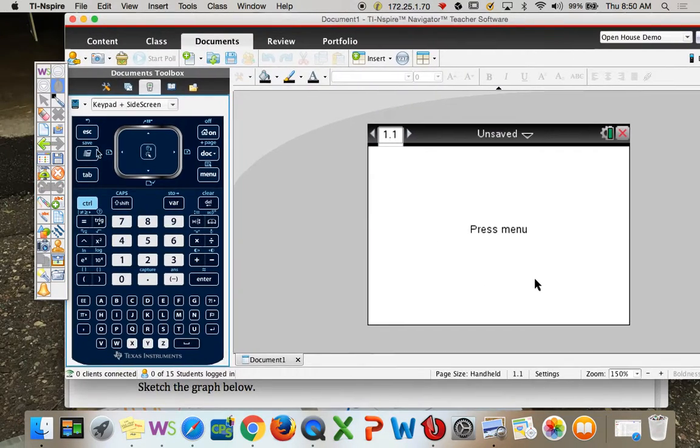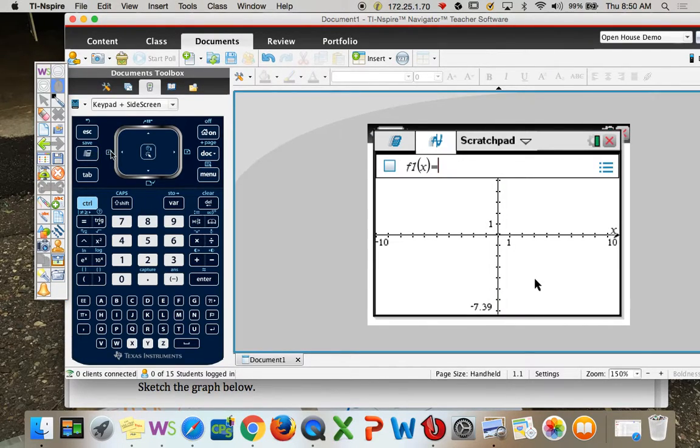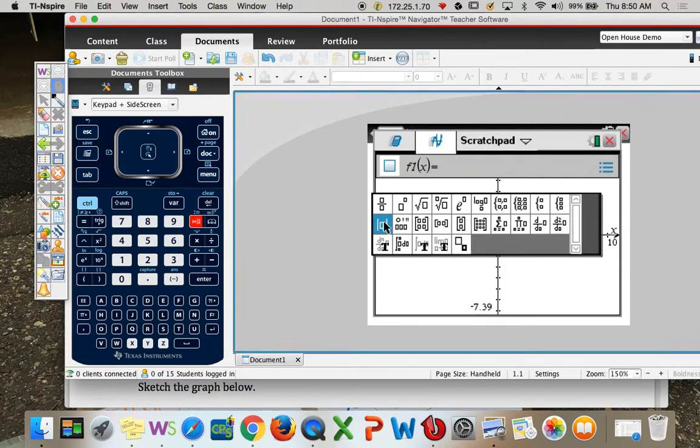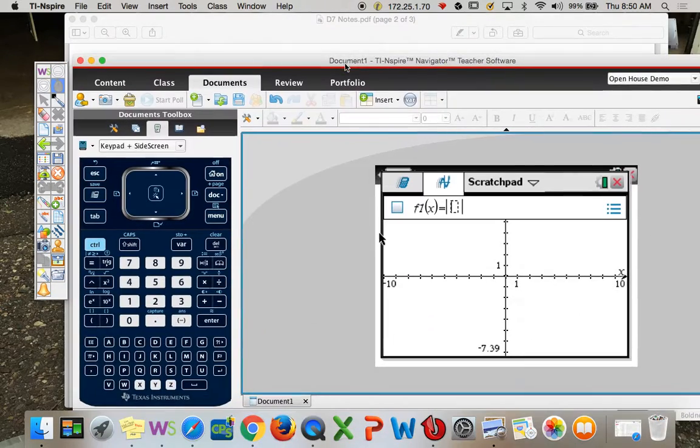Okay, so I'm going to go to my graph. And for absolute value, there's this book symbol. It's the button to the left of that. Here's absolute value. And let's type in the first one, |x minus 3|.